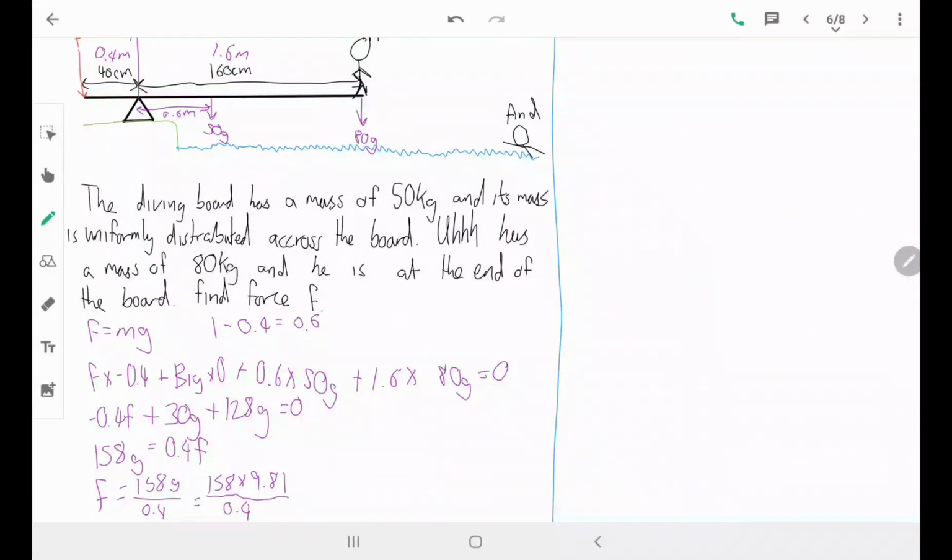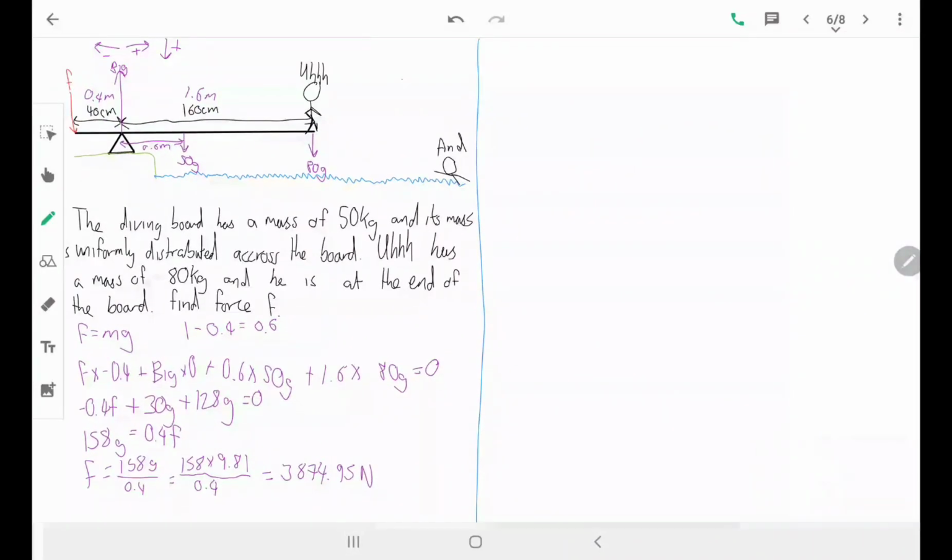Quickly type in a calculator: 158 times 9.81 divided by 0.4 gives you a wonderful 3,874.95 newtons.